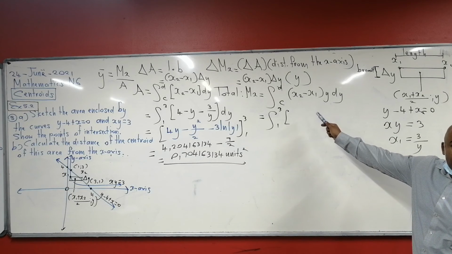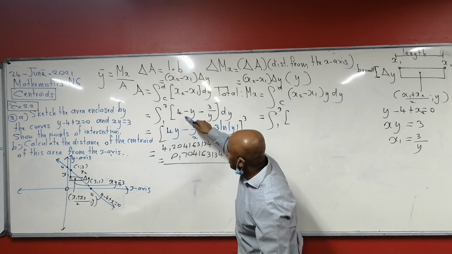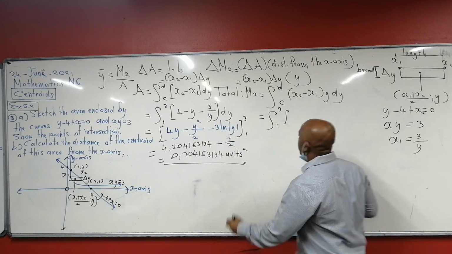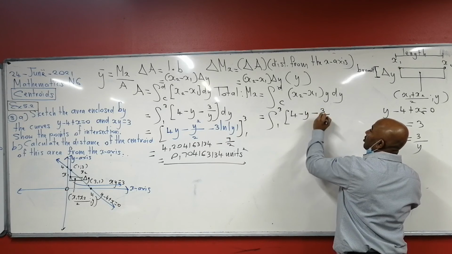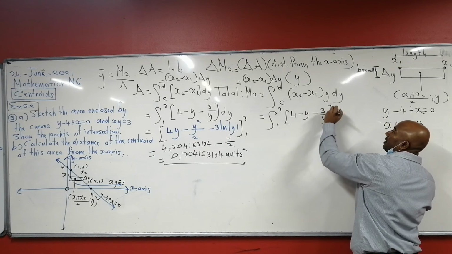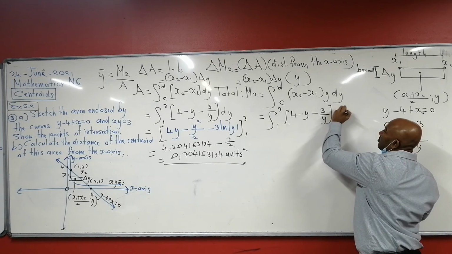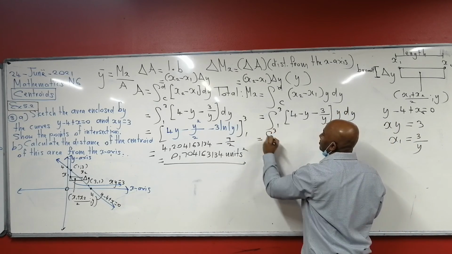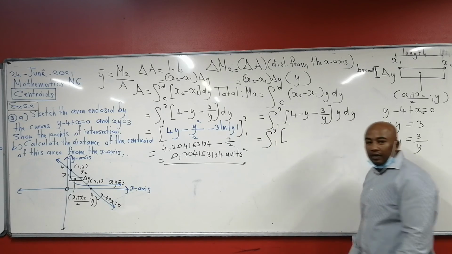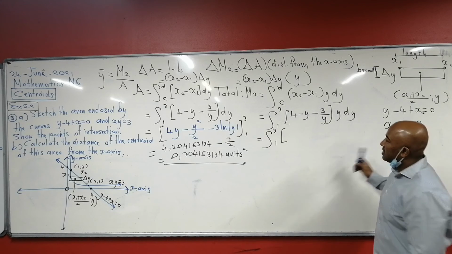So what is x2 in terms of y? We have everything here. There's x2 in terms of y, x1 in terms of y. So therefore I got 4 minus y minus 3 over y. But this time it's multiplied by y. Can you see that? And then I have my dy.